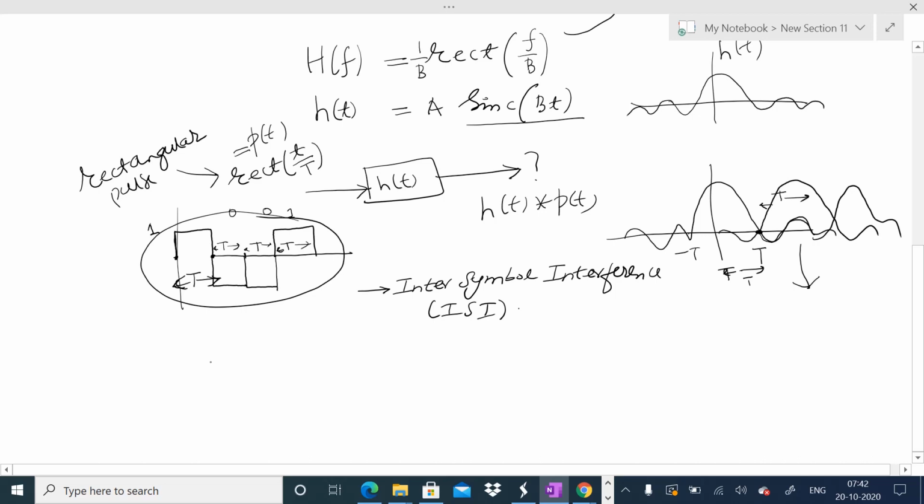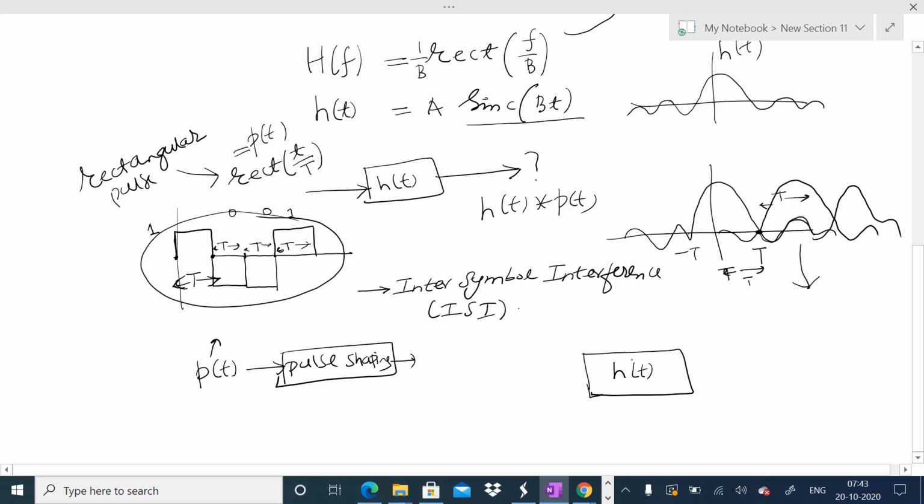So here is our usual pulse p of t. We want to do something called pulse shaping. See, what ideally we would like to do is undo whatever the channel does to the incoming rectangular pulse, right?